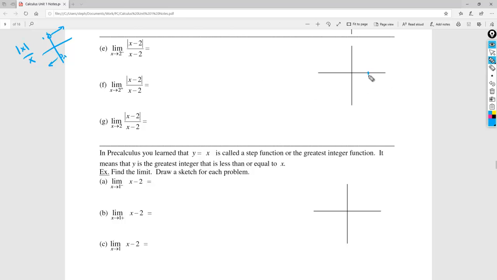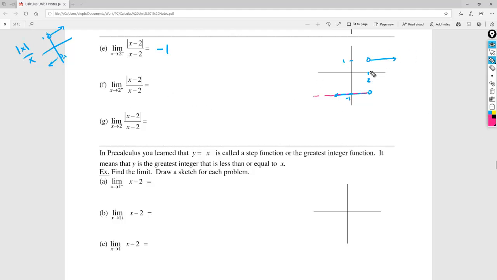So at 2, I have my function. This is 1, this is negative 1. And as I approach 2 from the left, I follow my function, and it looks like I approach negative 1.